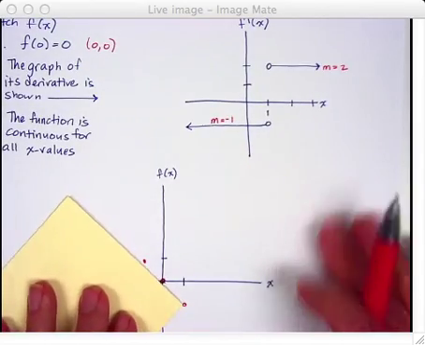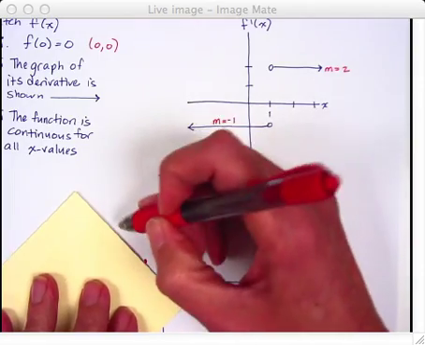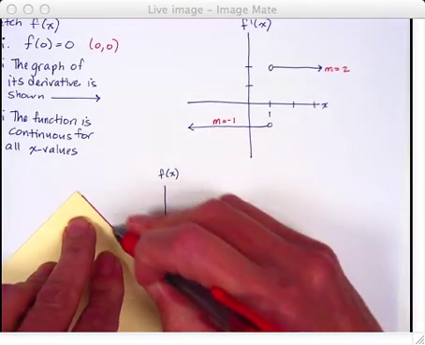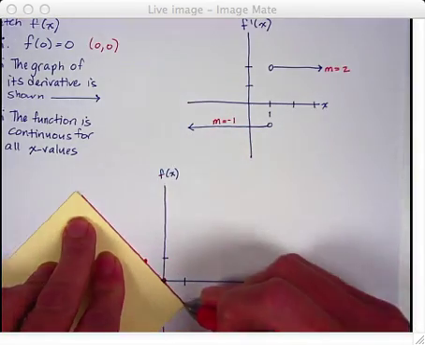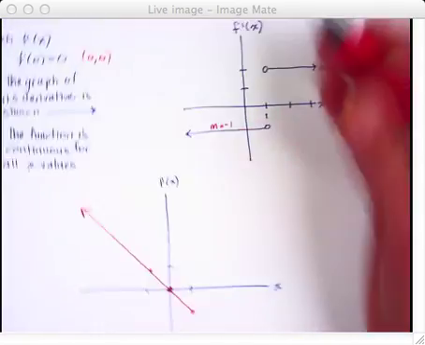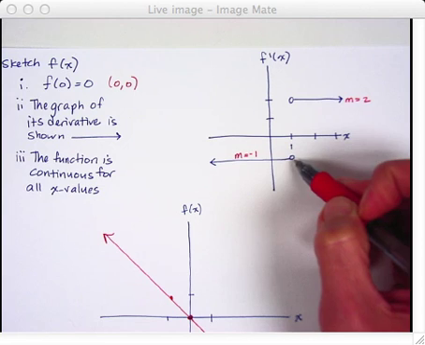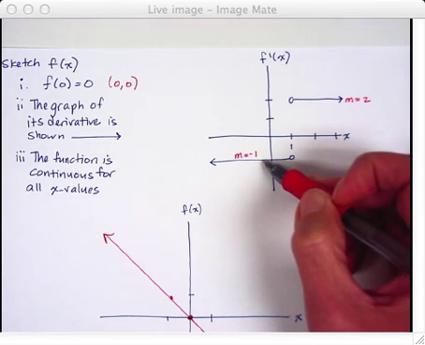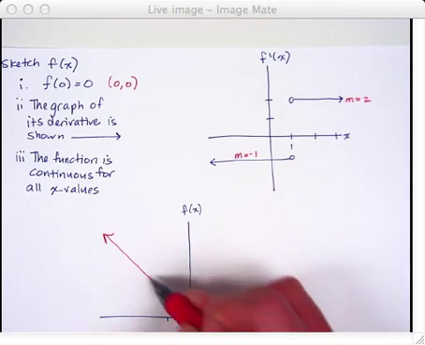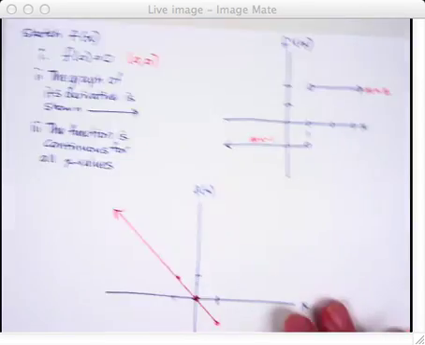So I'm going to draw a graph where everywhere on that line the slope is -1, because that's what this derivative function is telling me. For all the values of x less than 1, the slope of the tangent line everywhere is -1. And that would be a solid line like that.